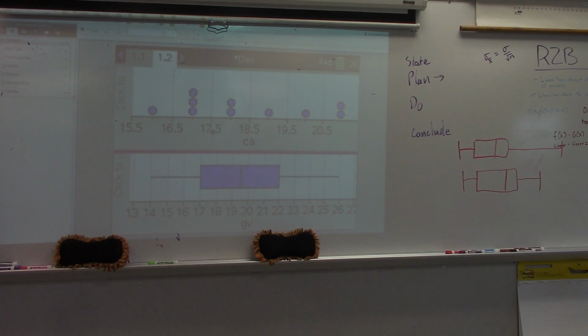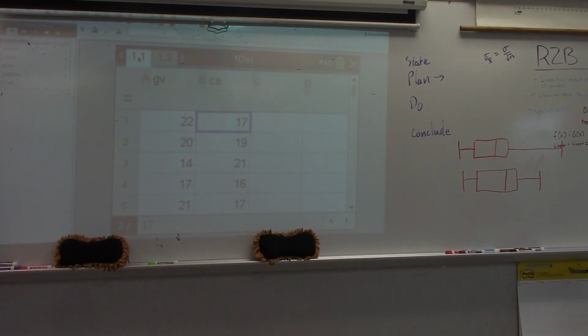So, that's pretty darn symmetrical. Can we all agree on that one for Great Value? Yeah? And then when I look at Chips Ahoy, that's somewhat skewed, but is it strongly skewed? Right? So notice I would just create this on the calculator and I would quickly sketch it.